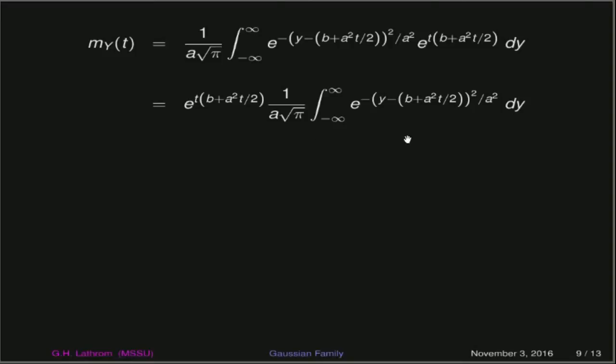And so because that's a member of our family, we know that this whole integral is just 1, and so what we're left with is e to the tb plus a squared t squared over 2.